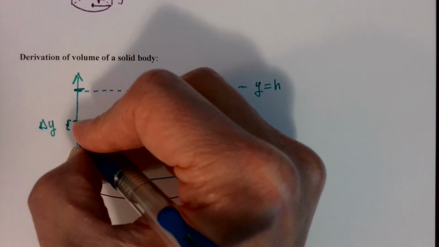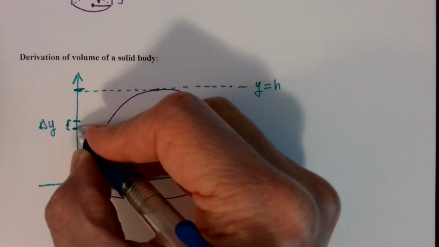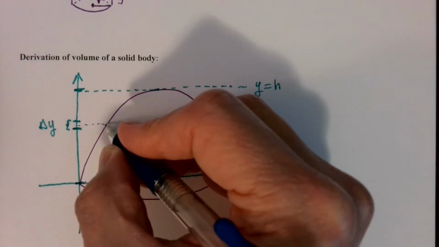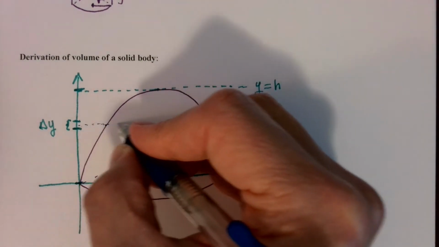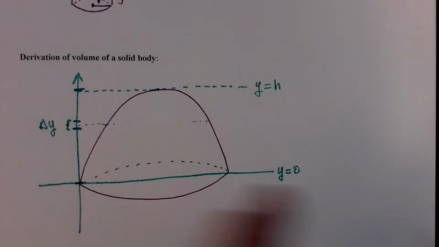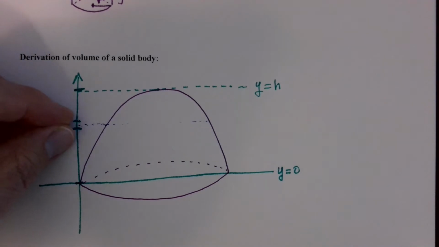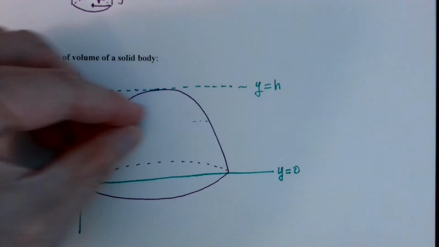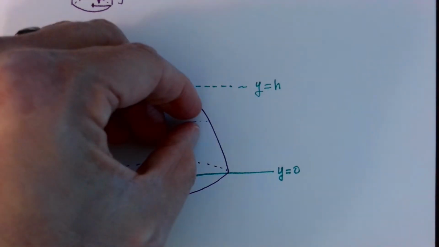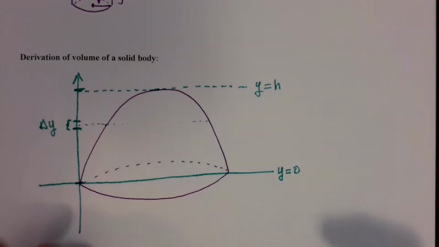It could be either endpoint or the midpoint or whatever, and we can come over here and slice through this shape, and what we're going to do is cut out a strip with this width of delta y. We're going to cut out a strip of this dome, if you will.